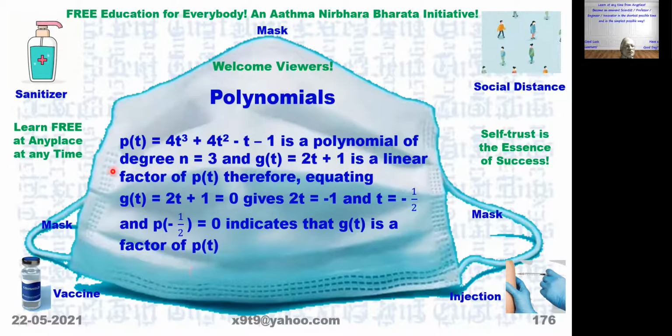So here you see we have changed the letter from q to p, which we were using in previous problems, so that P(t) represents the dividend. And earlier we have used the function g(t) for representing the divisor. So that is what we have written here.